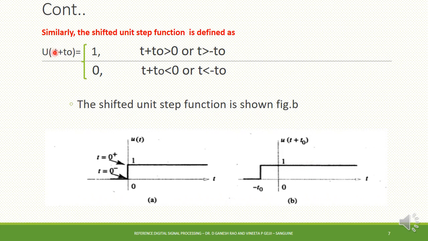So t plus t0 is called the time shifting property. If you have remembered that property, it's okay.